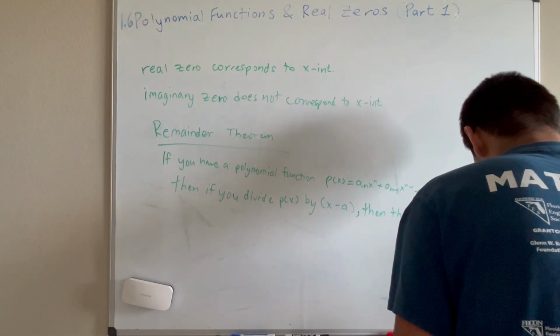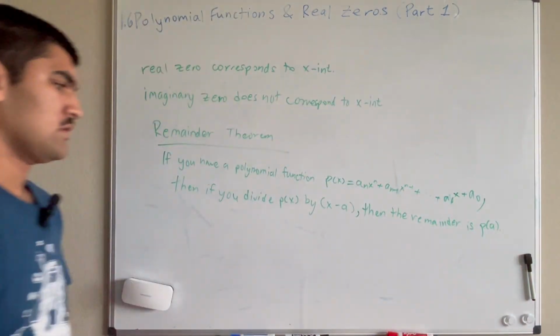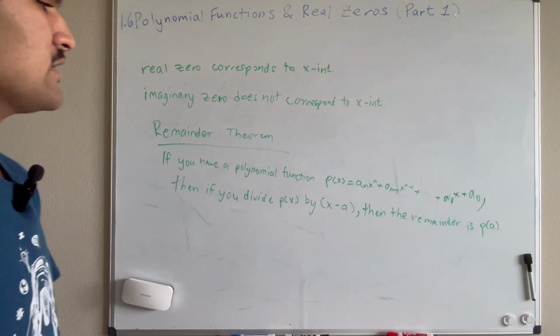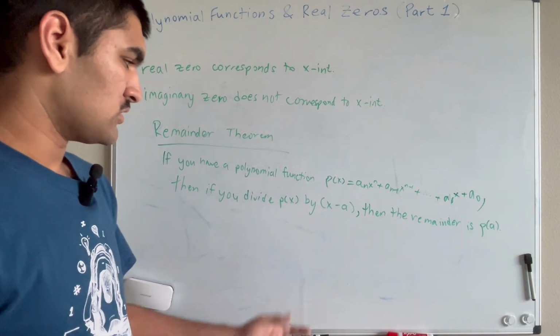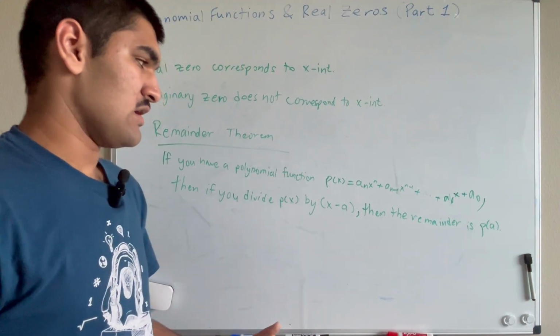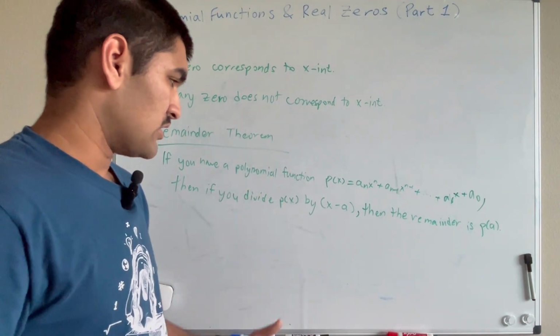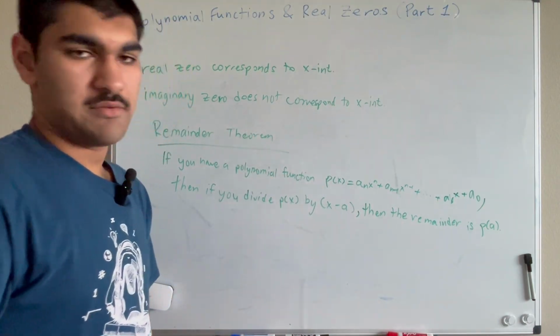Basically, if you divide some polynomial function by a factor x minus a, the remainder of that division is going to be p of a.